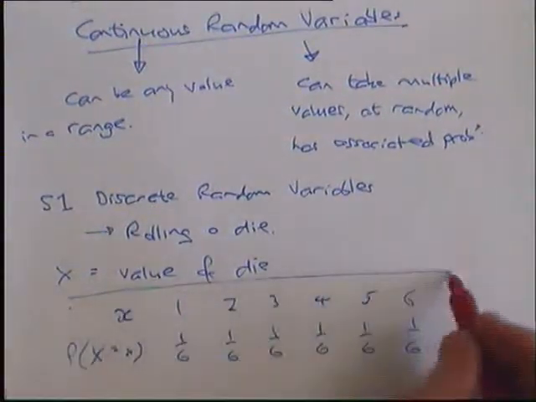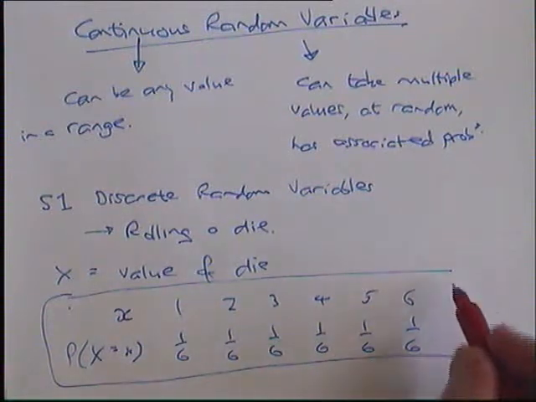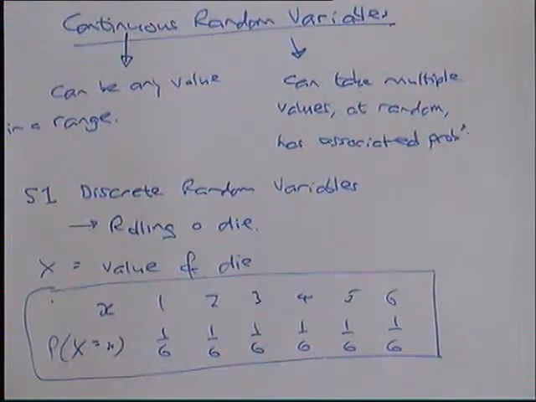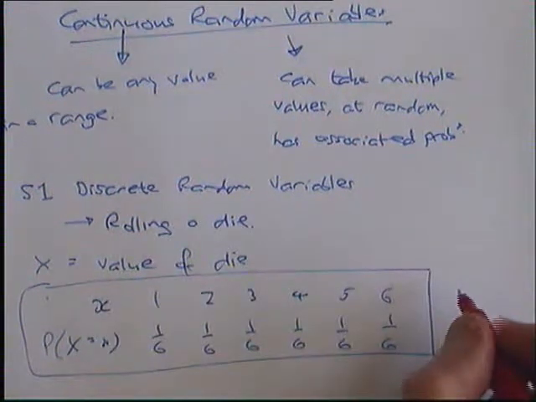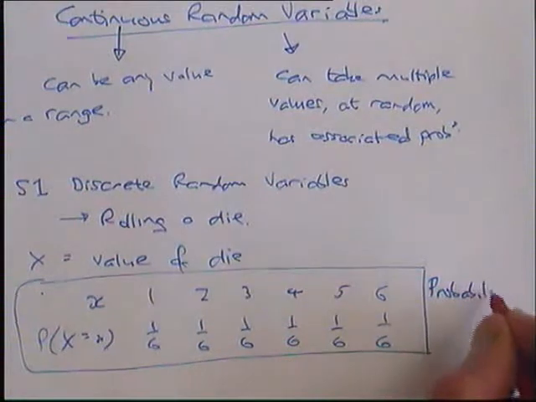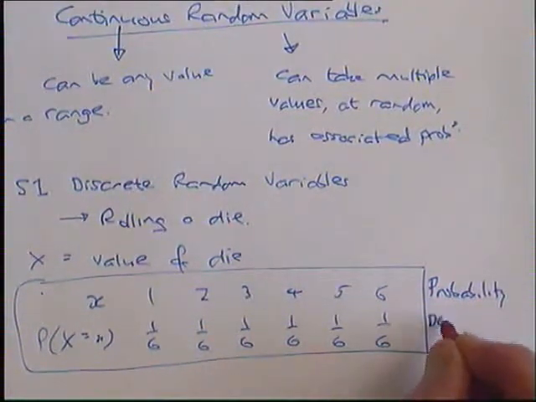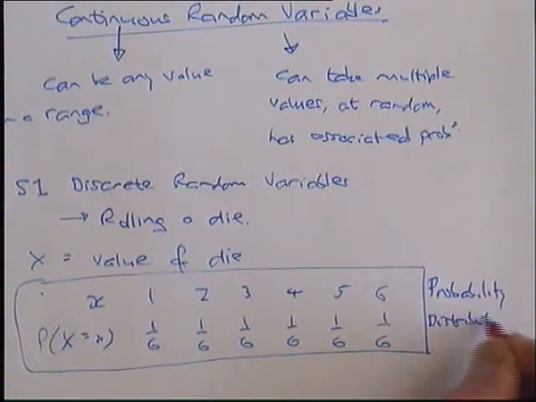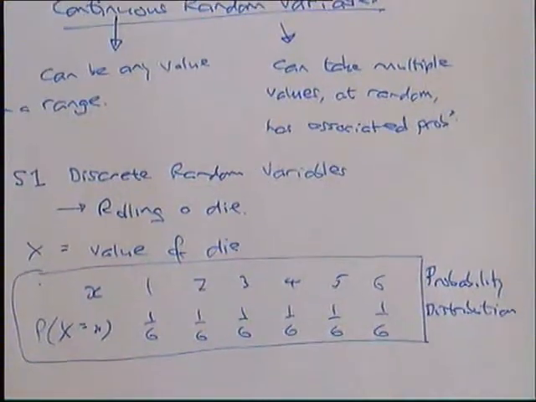And this thing here, what was it called when you had it drawn out like that? Two words, one beginning with P, one beginning with D. Probability distribution. Yeah, that's right. Okay, so this is a recap from S1.